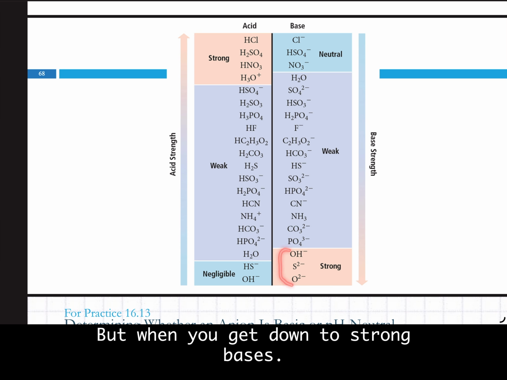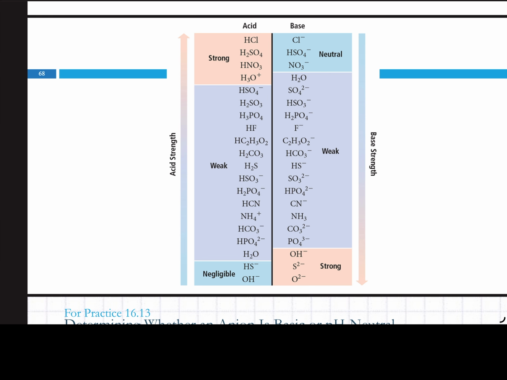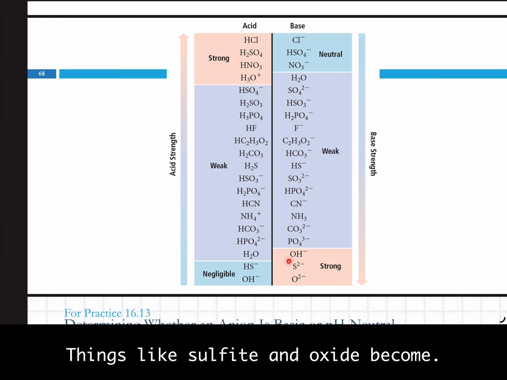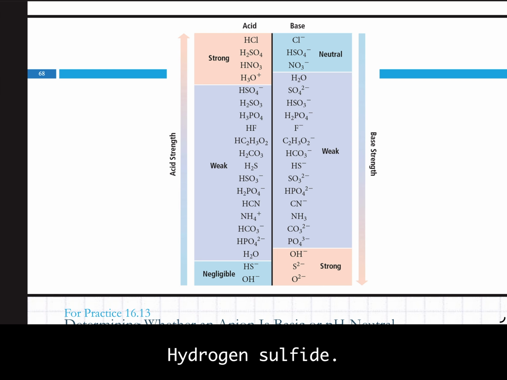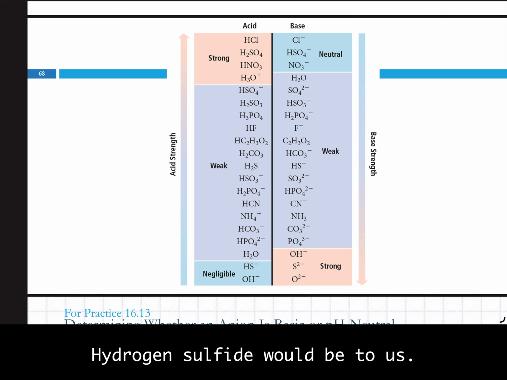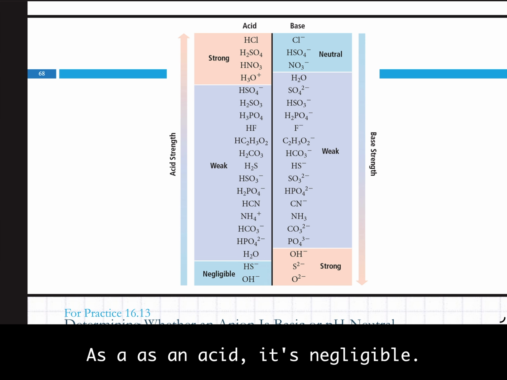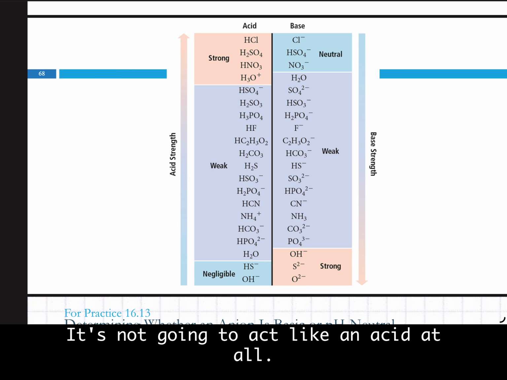But when we get down to strong bases, things like sulfide and oxide become hydrogen sulfide, which would be H2S. And hydroxide. That one's weird. Oh yeah, as an acid, it's negligible. It's not going to act like an acid at all because it's a strong base.